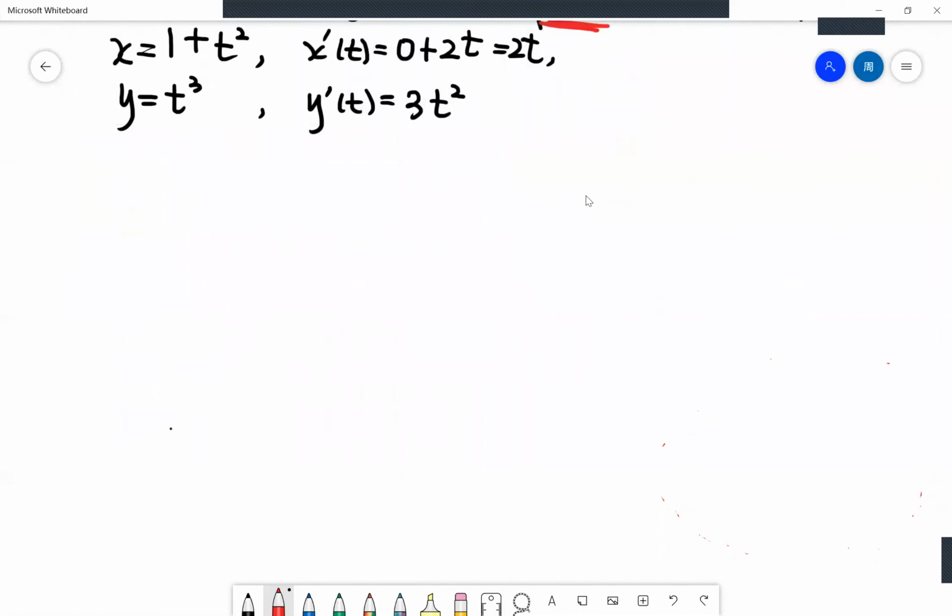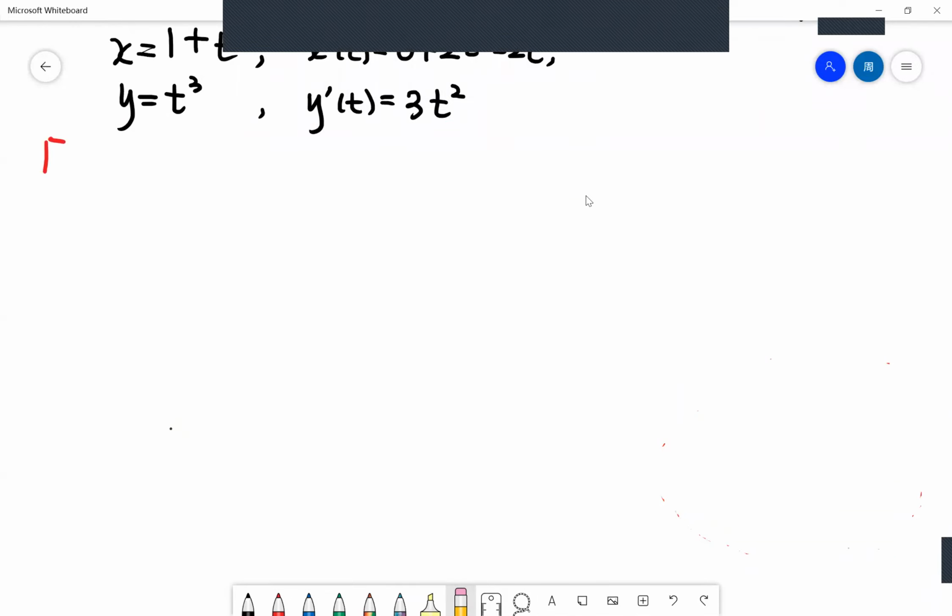exercise here. Please solve it by yourself.